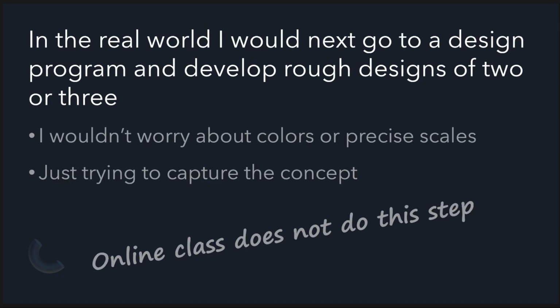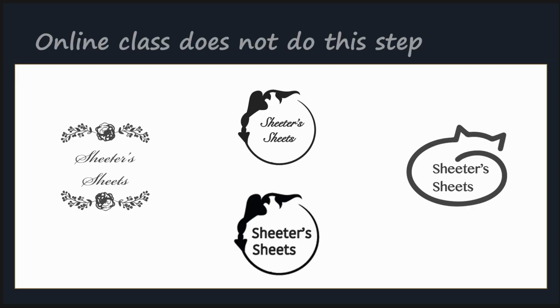Okay, so again, I'm doing the design program, developing a couple rough digital designs. This was the example with the Sheeters Sheets, where we have a couple different things. We have one with some flowers. We have 2 that are in a circle, and one's with more of a script, not cursive really, and one's with just regular block letters.